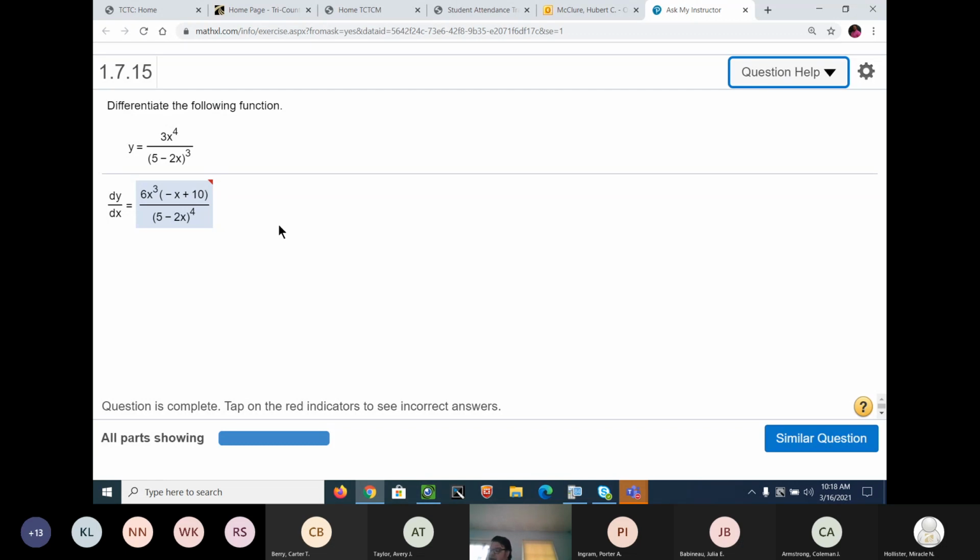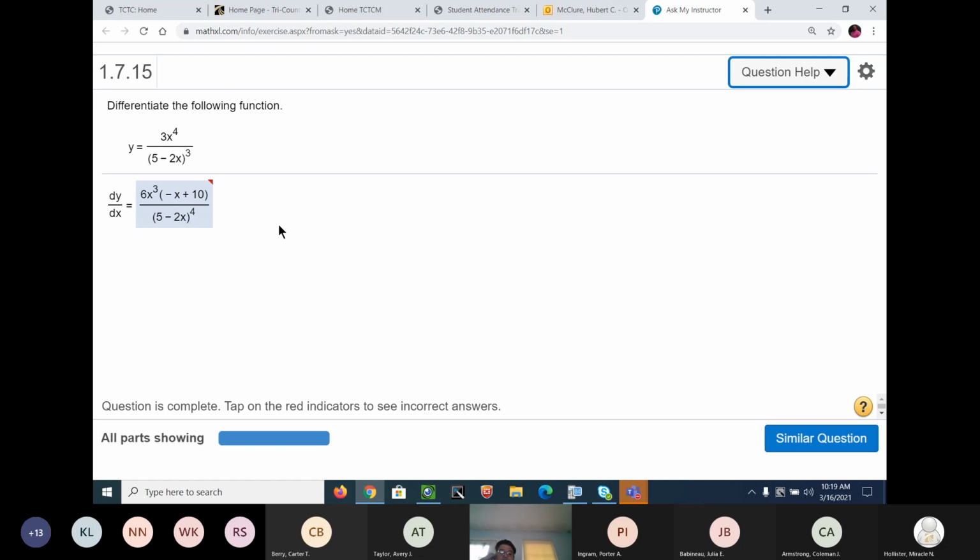Let me keep going with the product rule. Let's see what we get with the product rule. 18x to the fourth over 5 minus 2x to the fourth plus 12x to the third over 5 minus 2x to the fourth.